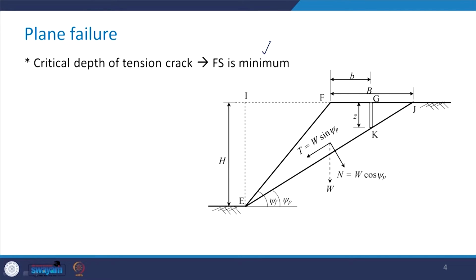Now take a look at this figure and try to understand the geometry. This is the slope, that is EFJ.